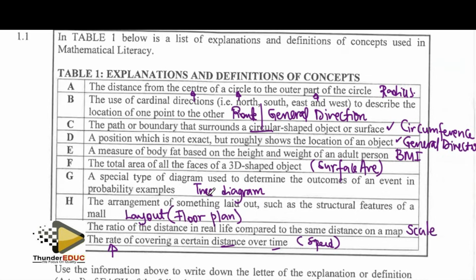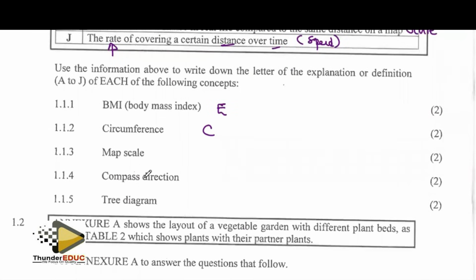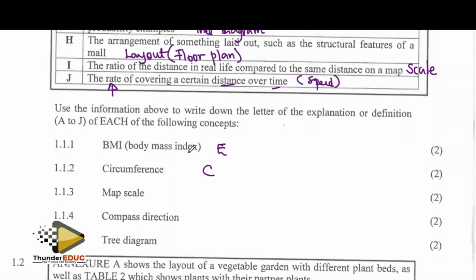Then the map scale, it's I. Compass direction, this could be B. And the tree diagram, we've seen it as G. Possible outcomes in probability.